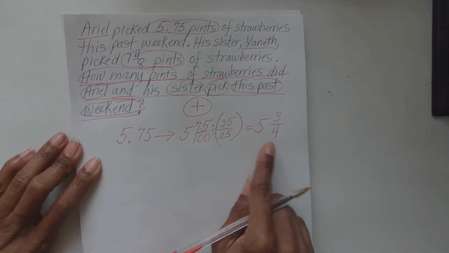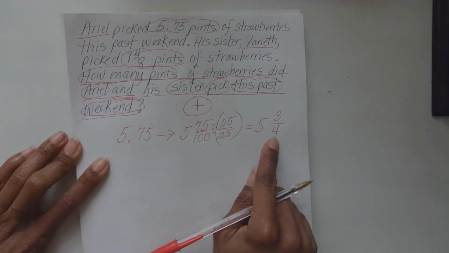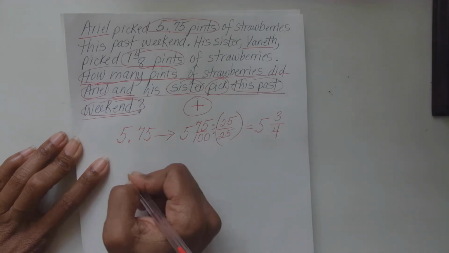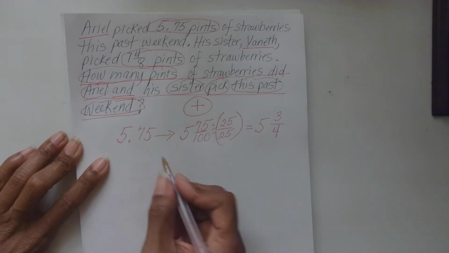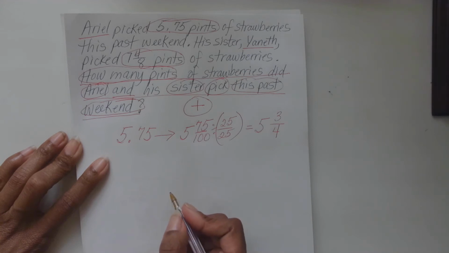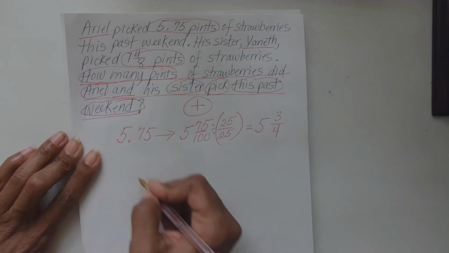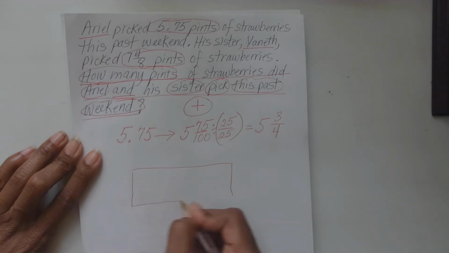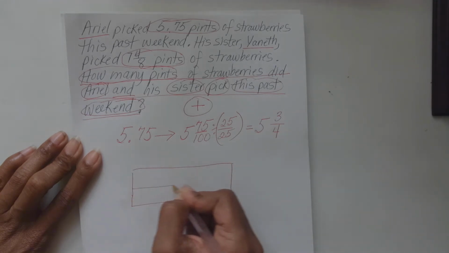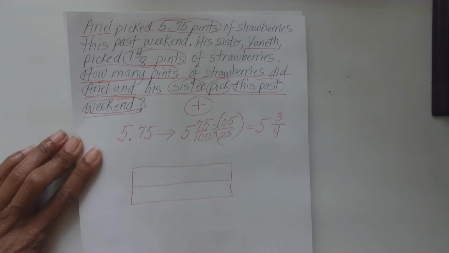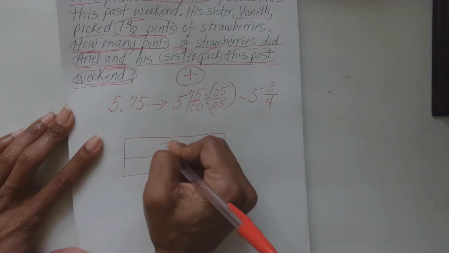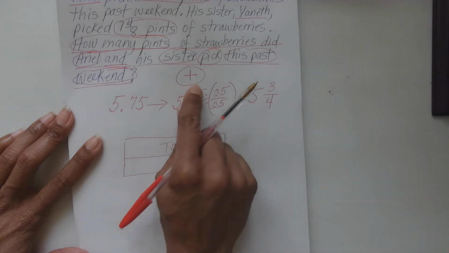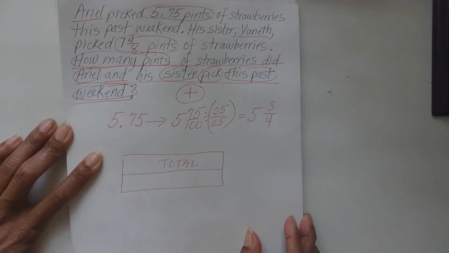So now that I know Ariel's amount written as a mixed number, I can now add his amount, 5 3/4, to Yaneth's amount. They also give us instructions to use a strip diagram or bar model. So I'm going to put this right here. And we know that this top bar is going to represent our total because we're looking for a total amount.